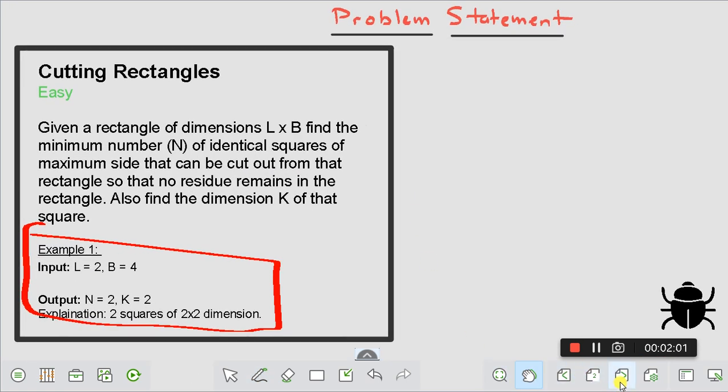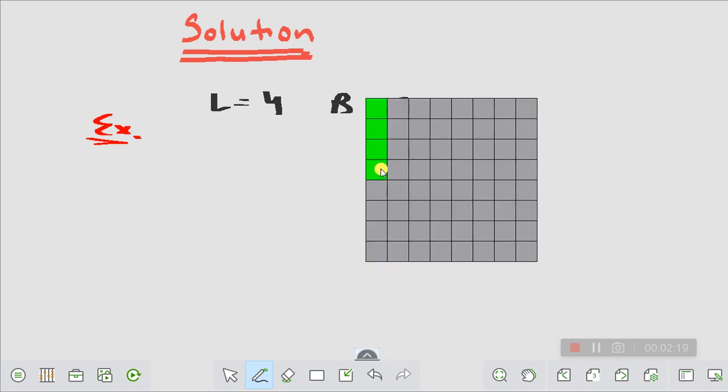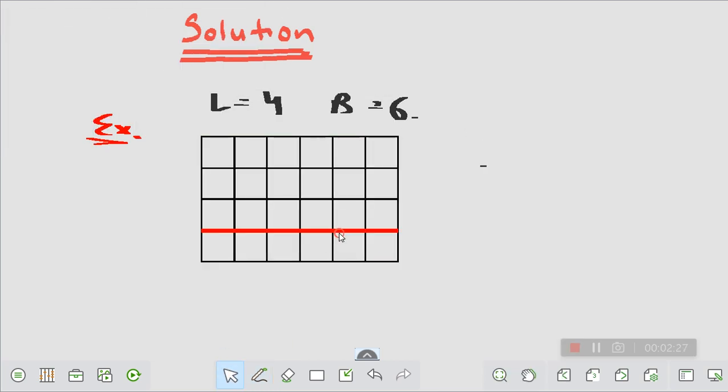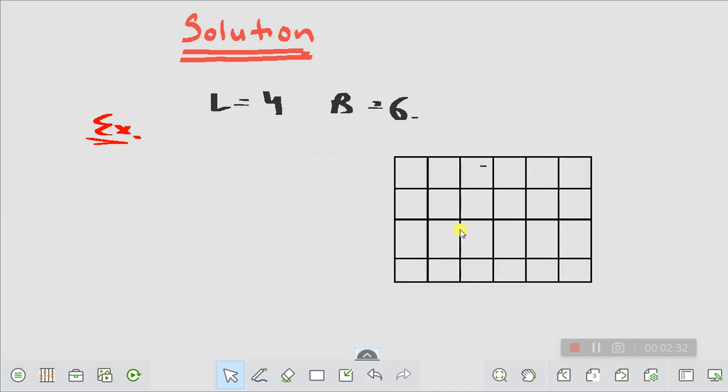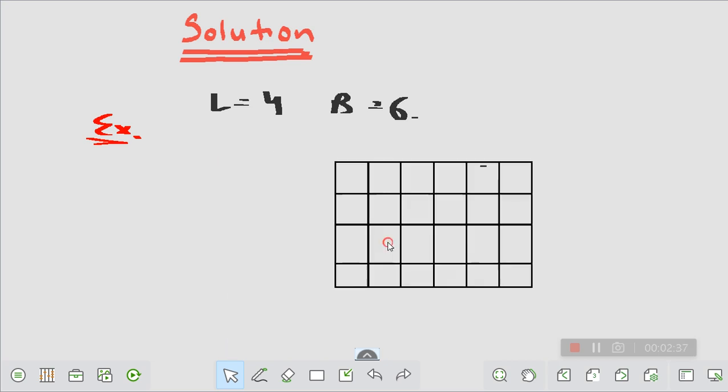Let me now move to the solution. I'm going to take an example first where I have length as 4 and breadth as 6. So let's take a rectangle of length 4 and breadth 6.